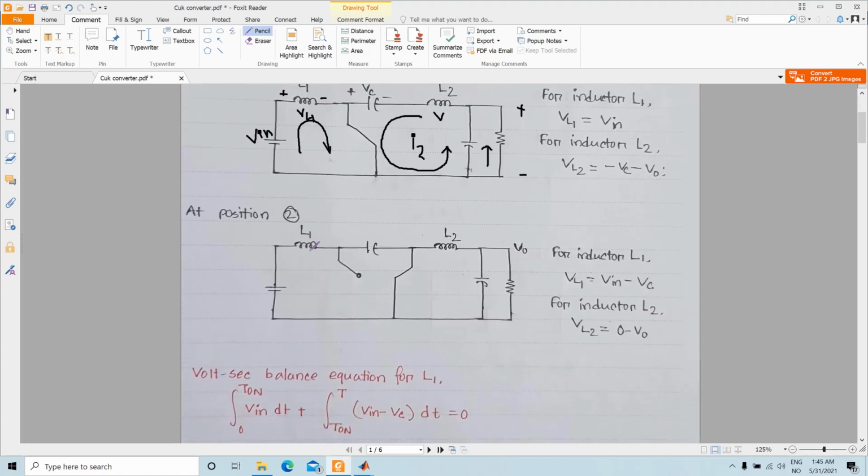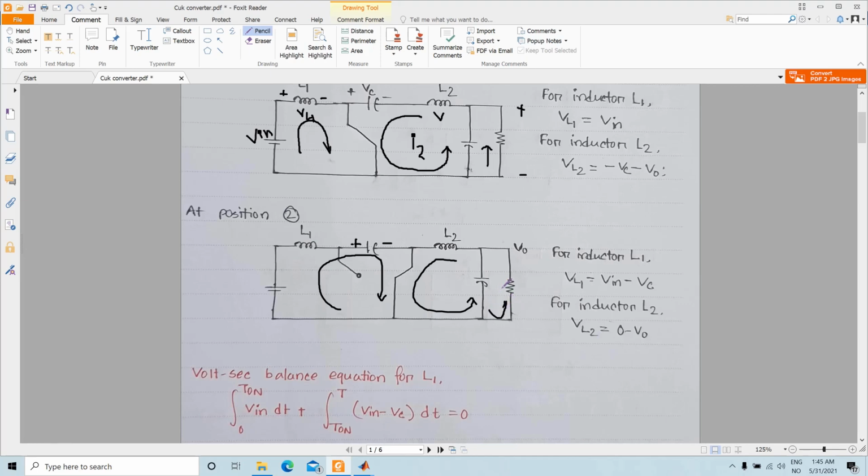Now when the switch is connected to position number 2, you are basically charging the capacitor. On the left-hand side, this is the flow of the current, so you are charging the capacitor like this. In the second part you have this inductor, so the current flow will continue like this, and some part will obviously go like this.